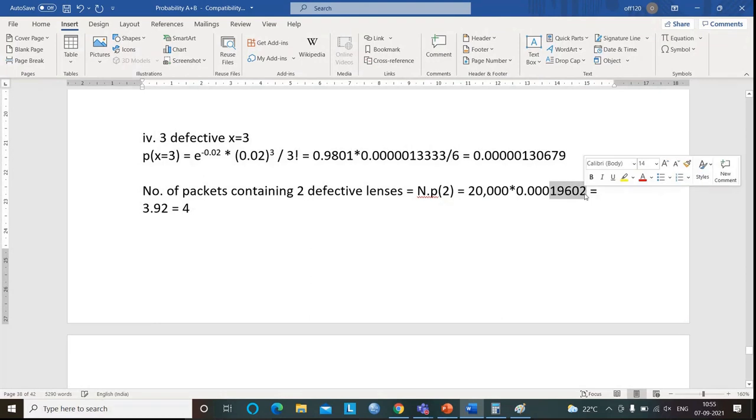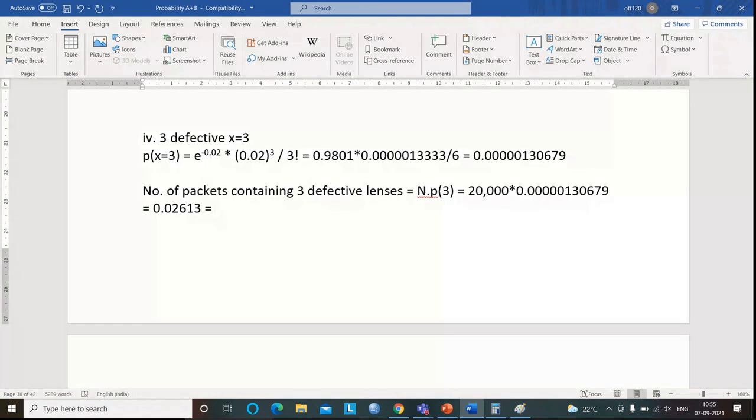So let us substitute. Let us find out the number of packets now. The number of packets containing 3 defective lenses is N into P of 3, which is 20,000 into 0.130679 (scaled value). Then we get the answer as 0.02613.